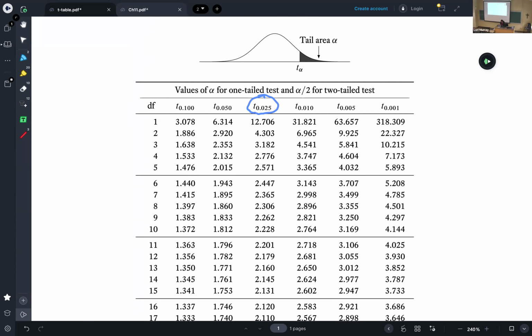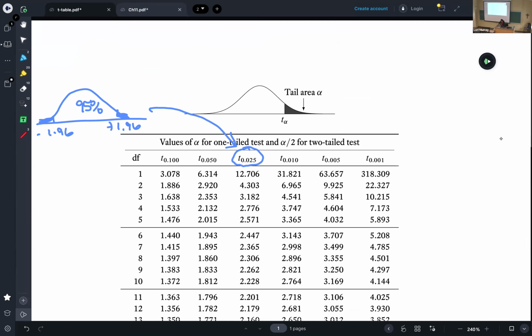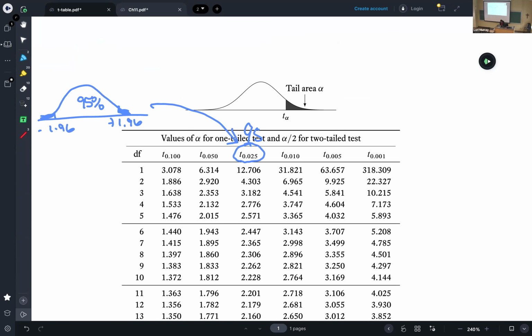If I was to draw this, it would be 2.5% here, 2.5% here, and this would be 95%. This would be negative 1.96, and this would be positive 1.96, and the T corresponds to 0.025. The subscript is saying how much is in each tail. So then you just scroll down and you go, this is for the 95% confidence interval.